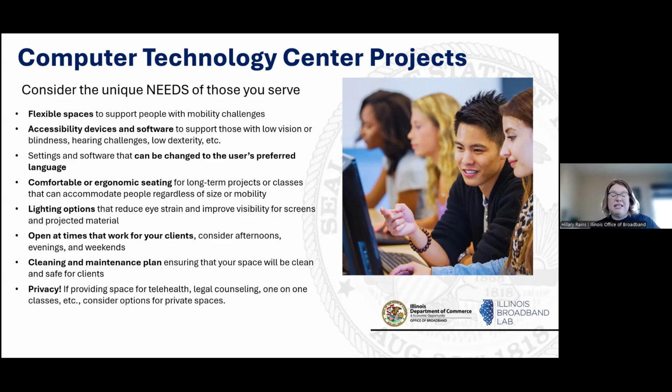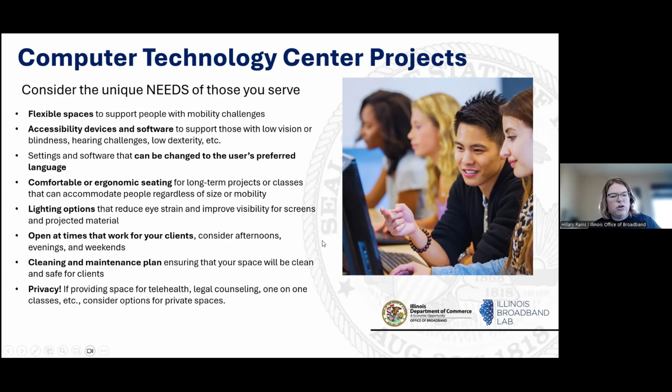Make sure you've got accessibility concerns in place for devices, software, magnifiers, et cetera. Lighting options that are good for folks. We've all worked somewhere where we've had to squint at our screens and get some eye strain. We don't like to see that.